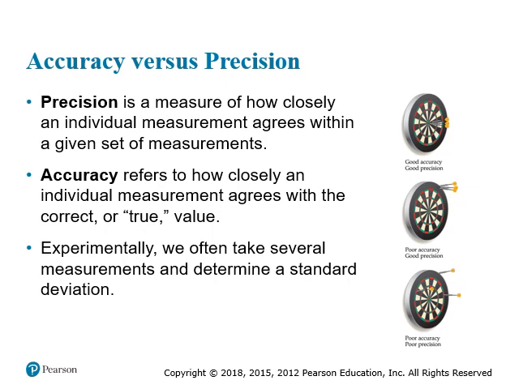The terms are very different in what their agreement is. Accuracy is the agreement of a measurement with the actual or known value, with the correct or the true value. Precision is how closely an individual measurement agrees within a given set of measurements.